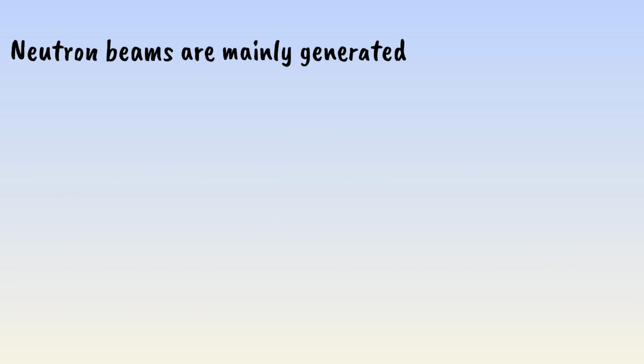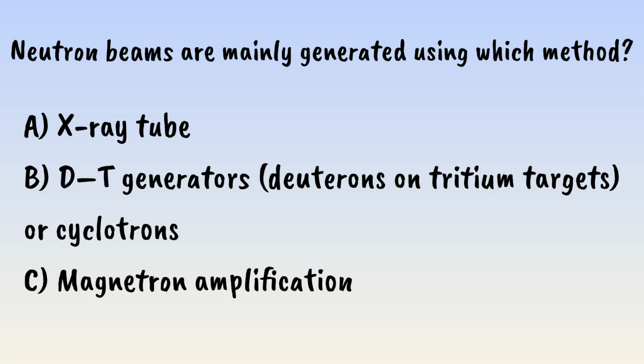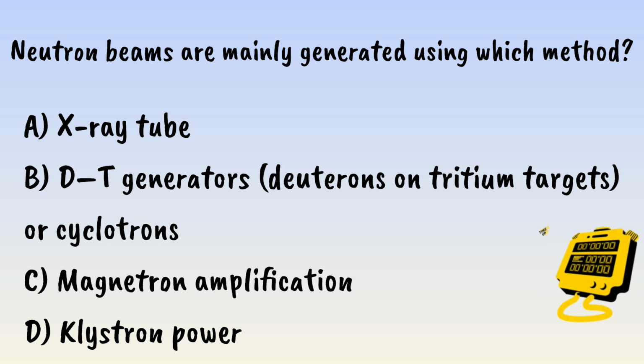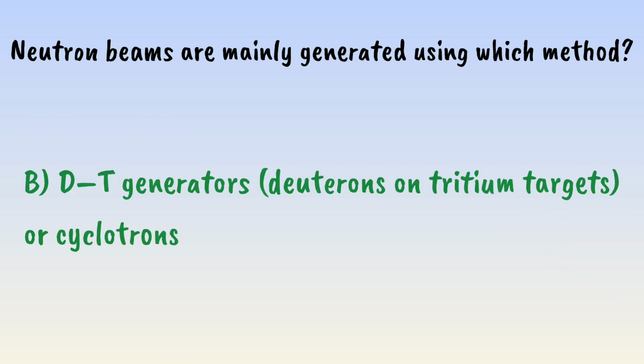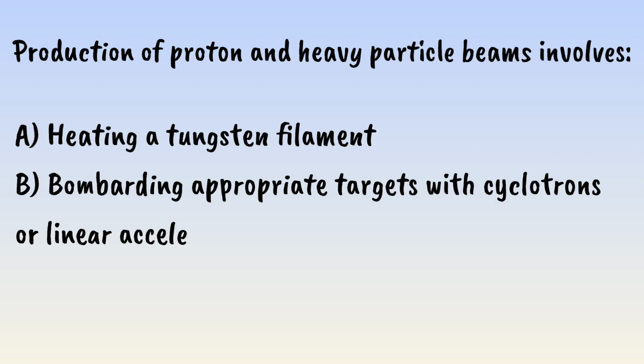Neutron beams are mainly generated using which method? Production of proton and heavy particle beams involves.